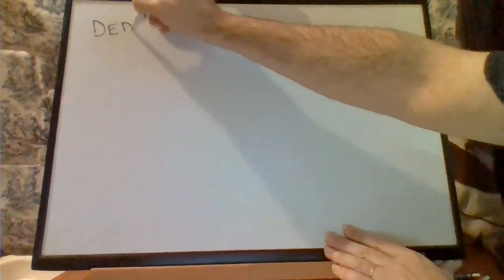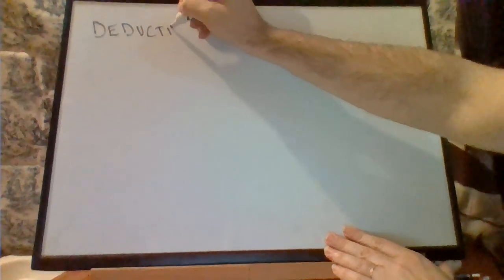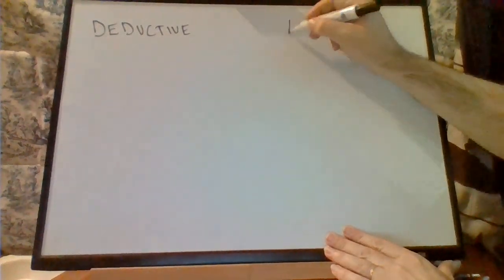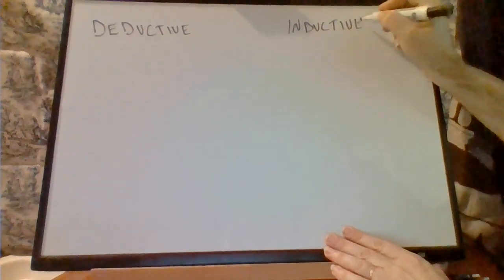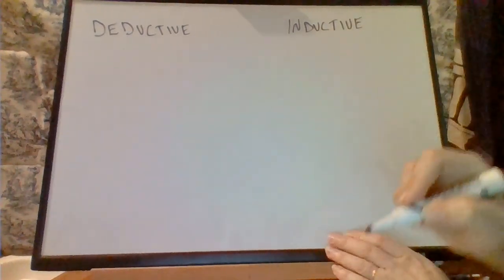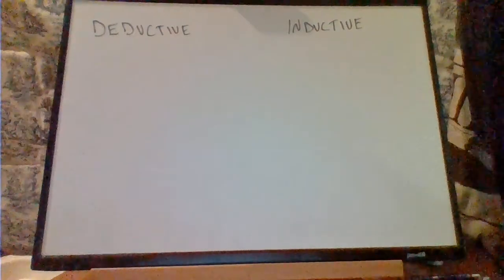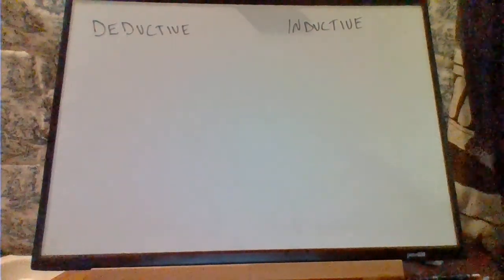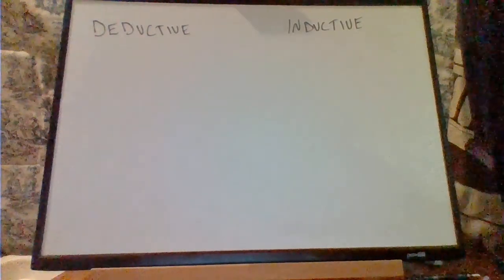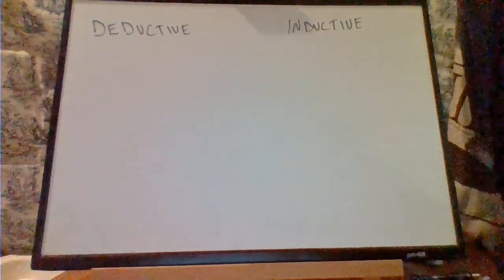One is called a deductive argument, and one is called an inductive argument. Okay. And it's important to be able to distinguish these because they're going to be evaluated slightly differently, and there's a little bit different terminology that's involved in each of those.